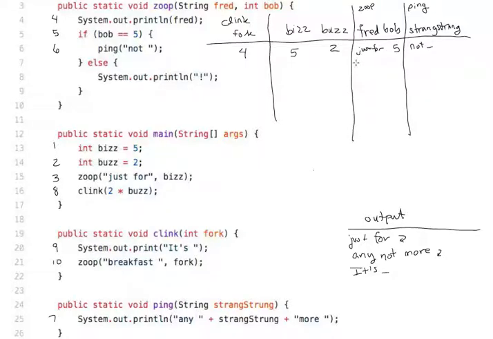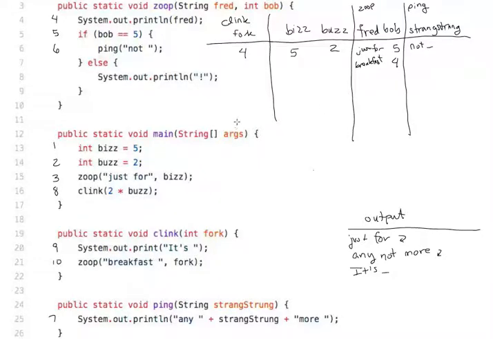So this one has breakfast in it. And whatever the value is in fork for that second parameter. The current value of fork I see is 4, so that means that when I call Zoop, Bob becomes a 4.